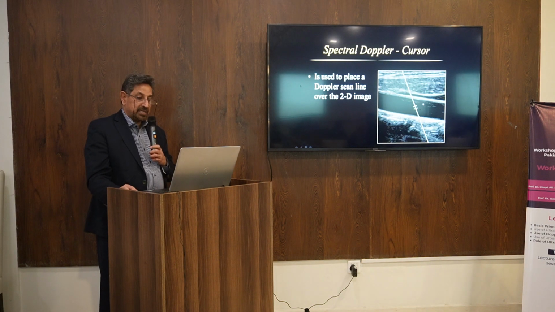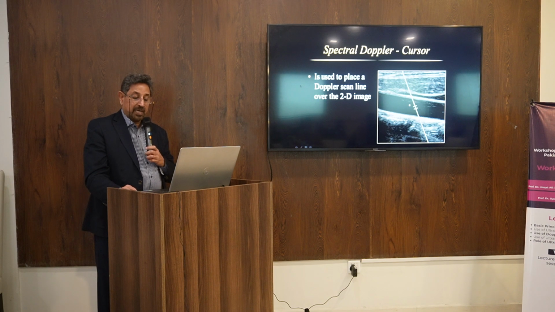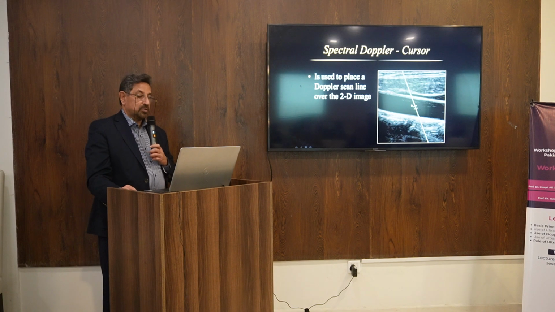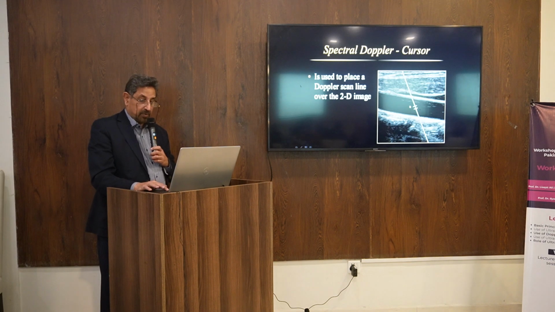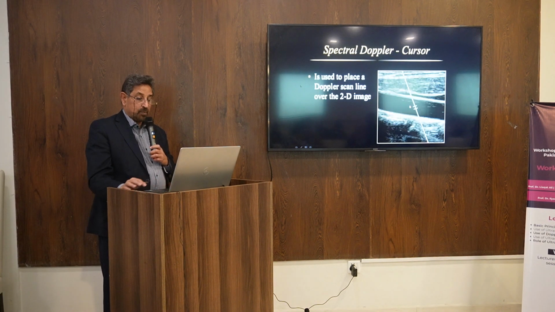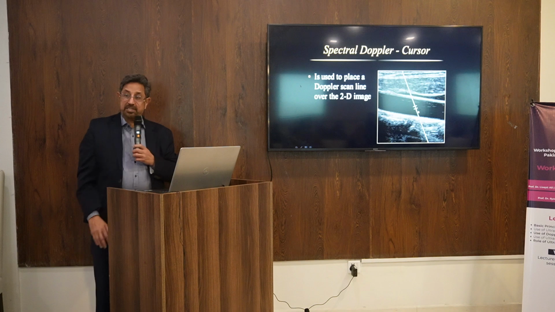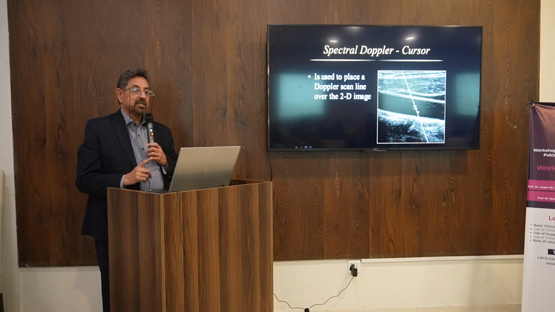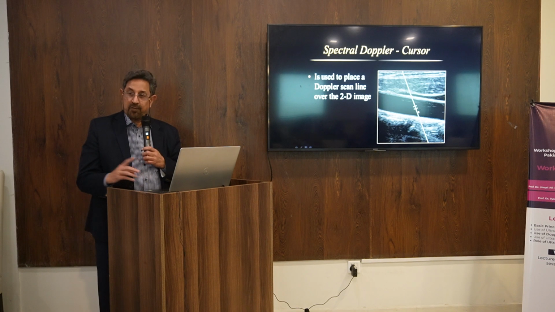First of all, the cursor. This is the cursor. How much should it be opened? We mentioned that it should be opened to one third of the size of the vessel, not touching the wall, so that we get the best velocities. And secondly, what should the angle be? We discussed the angle should be less than 60. If it's more than 60, a lot of error.